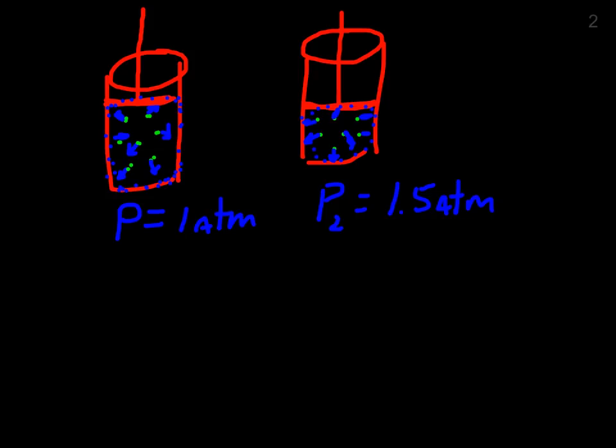Well, I can figure out what these volumes were. If that was indeed how the pressure changed, and let's say that the initial volume of this container was 500 milliliters, I wonder what this new volume would be.